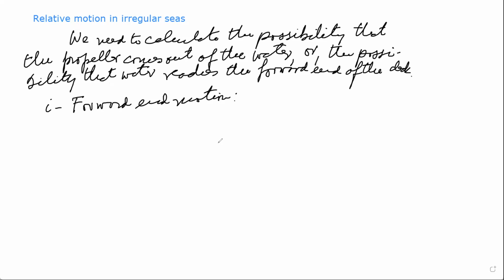If we have the RAO, we can combine it with the spectral density of the incoming waves, and with this combination we can produce the spectral density of the response. The response in this case is the relative motion of the forward end of the ship with respect to the sea surface. To calculate the RAO, we need to consider harmonic or regular waves.